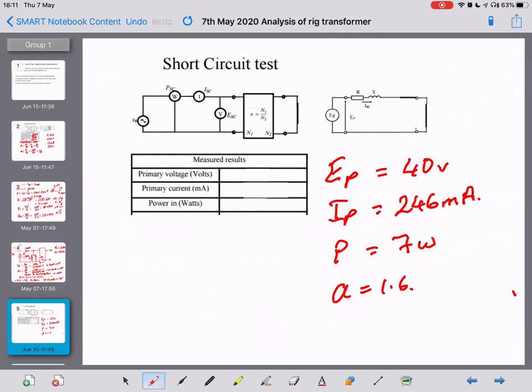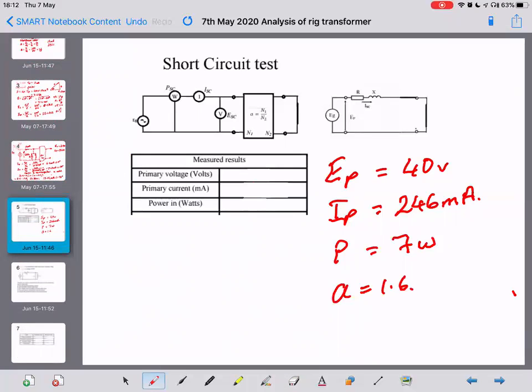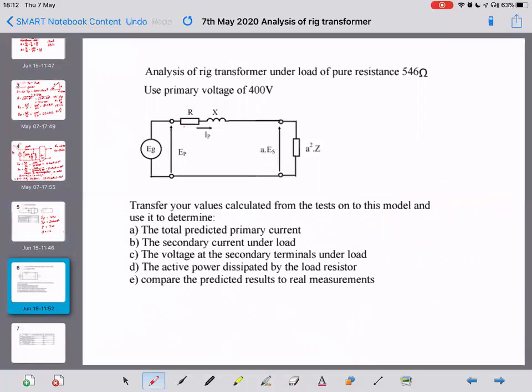Both all right with that? Okay, so using that data we're going to try and build a model like this one on the next page.